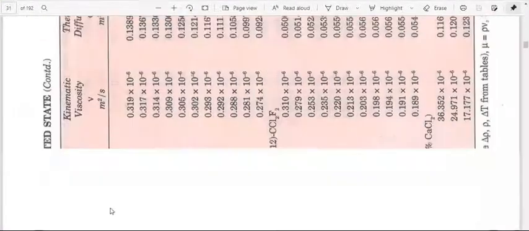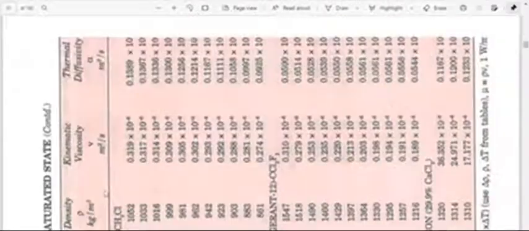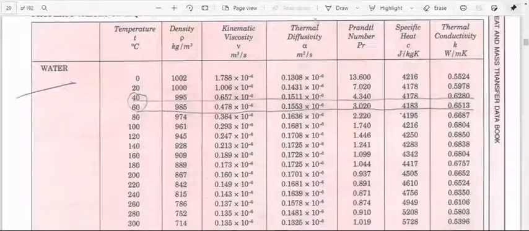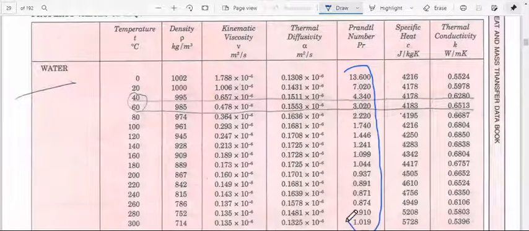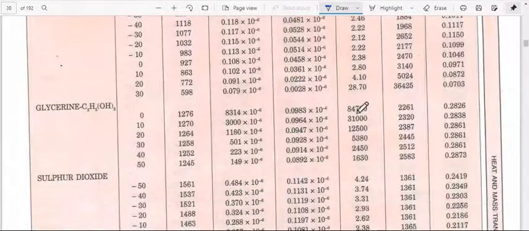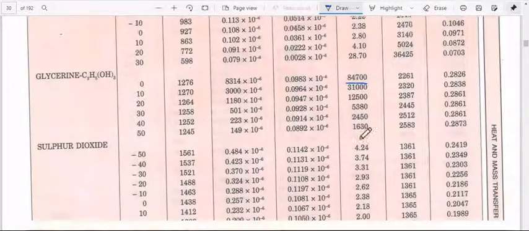That means dry air properties and other oil properties, ammonia properties. The Prandtl number is always around 0.7, 1.0, 13.6, 7.6 and so on, like this. The glycerin is 84700.